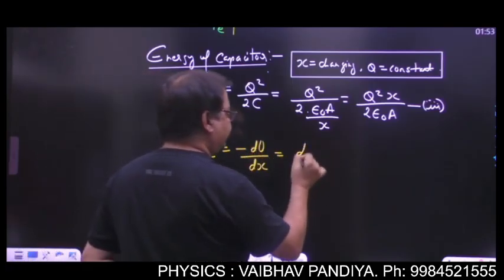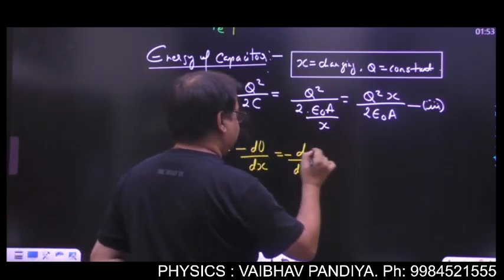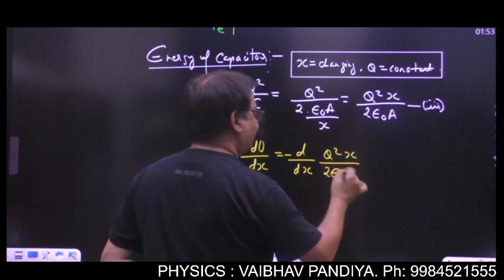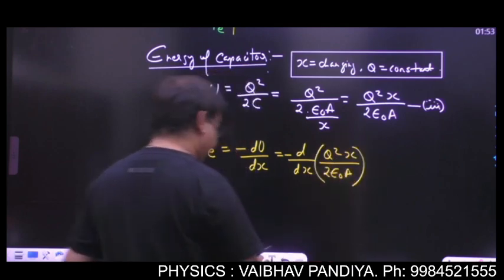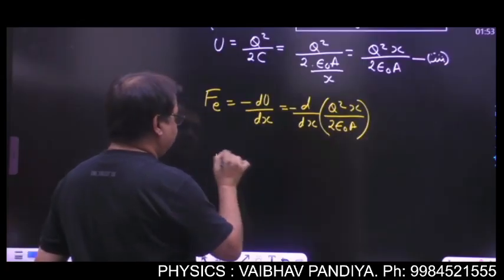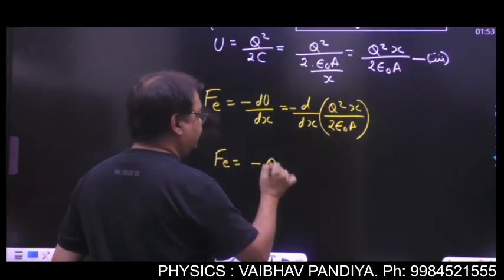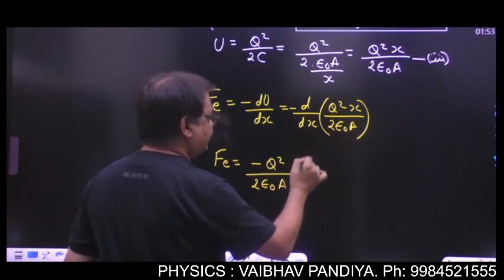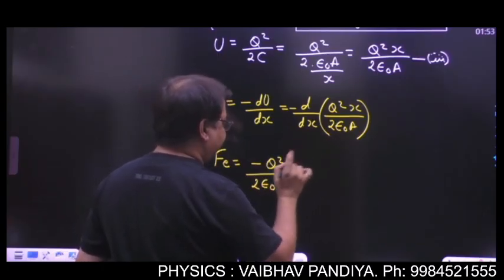So we will differentiate U, that is Q square X by 2 epsilon naught A, with respect to X. Since we already saw that Q is constant, epsilon naught is constant, area of the plate is constant, what is left is X and the derivative of X will be 1.